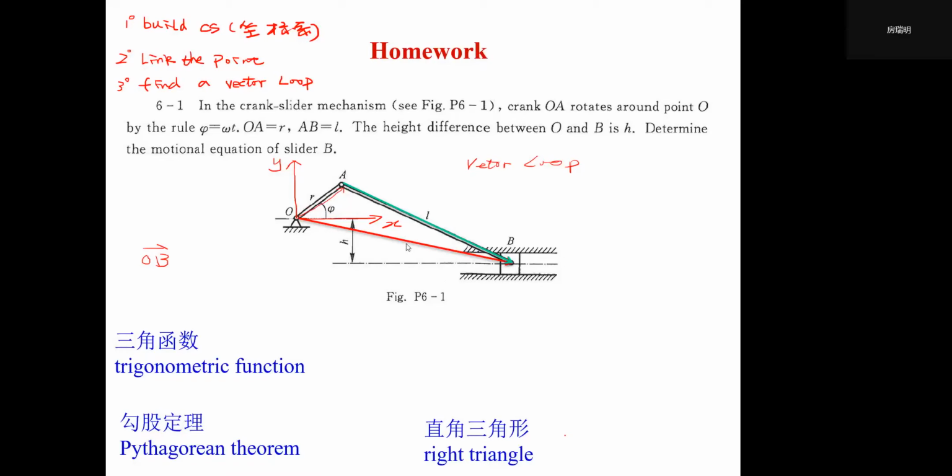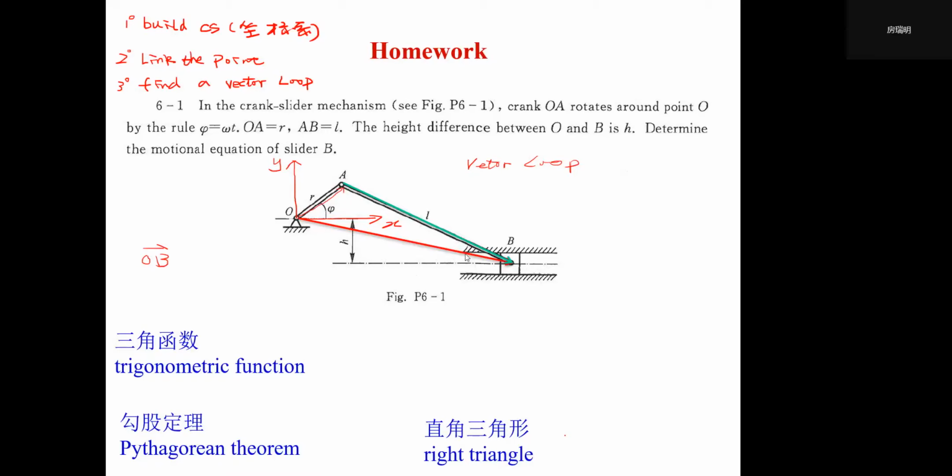So actually, because this slider has translational motion, we only need to figure out just one point on this slider to get the total motion information of this slider. So we are going to find the motional equation of this point B.